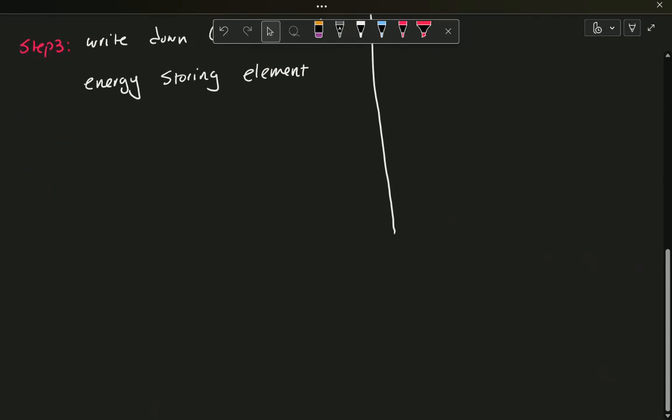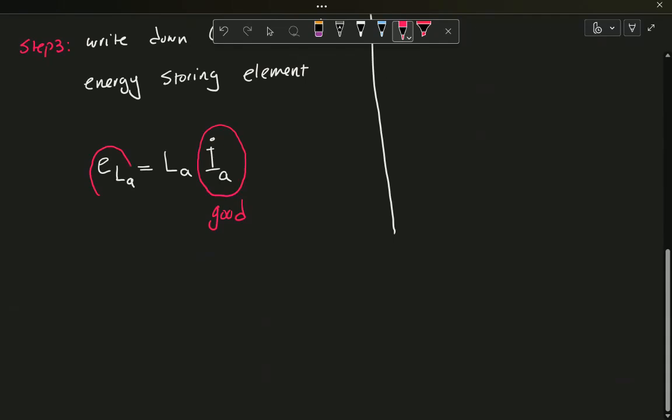I had the inductor, so I'm going to write it down as ELA equals LA I dot A. Okay, now if you guys remember, we are going to go after the good terms and not good terms. Our good terms were dynamic variables and the inputs. Our not good terms are everything else. So I dot A is a good term since it is my dynamic variable. Well, it's actually the time derivative of the dynamic variable.